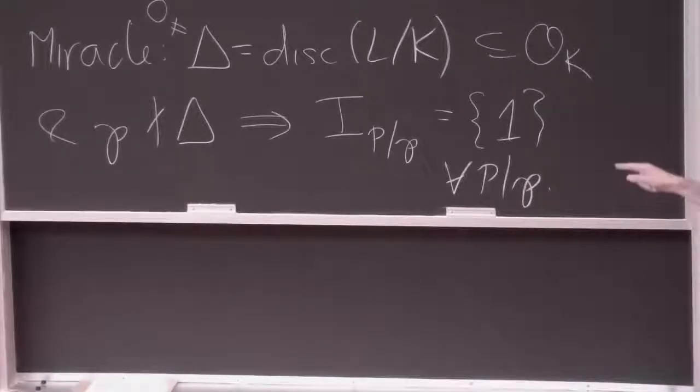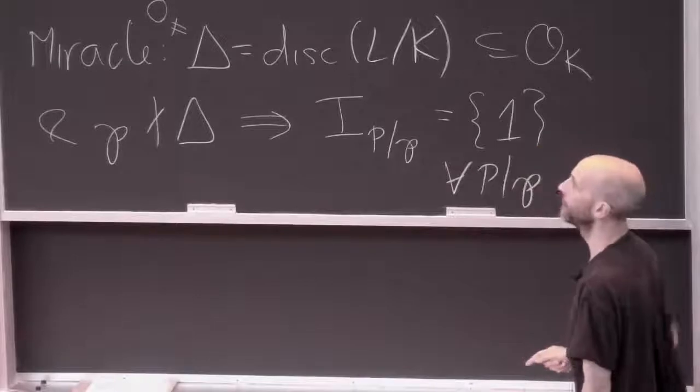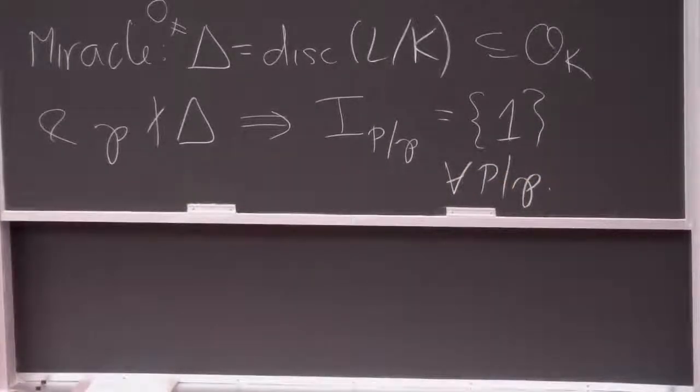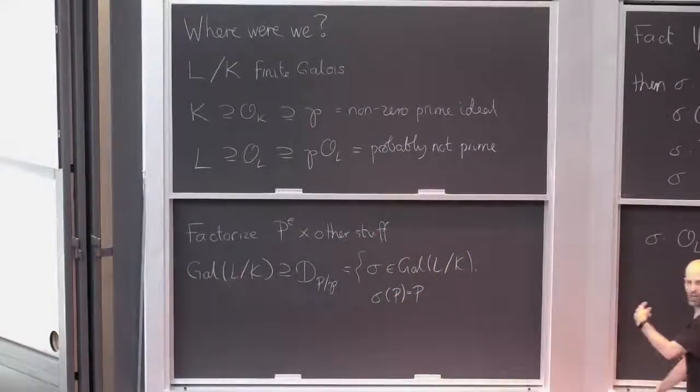And that's the same as saying that I_P over p is the trivial group for one prime ideal capital P dividing p, because by transport of structure, every prime that divides little p is isomorphic to the others, even though they're not the same. There's some element of the Galois group that maps one prime into the other one.